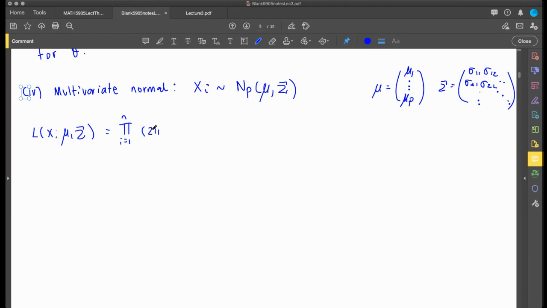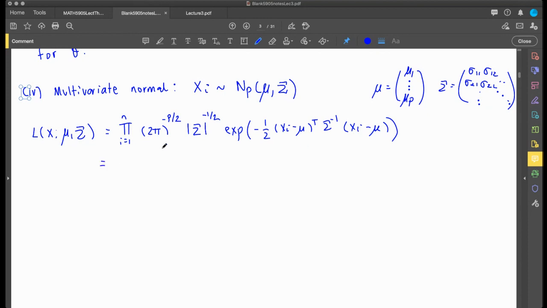It looks similar to the univariate case, although extended slightly to handle the multivariate context. Here it's the determinant of the variance covariance matrix to the power of -1/2. And then we have this exponential part, which takes a similar form, xi minus mu transpose times the variance covariance matrix inverted times xi minus mu.